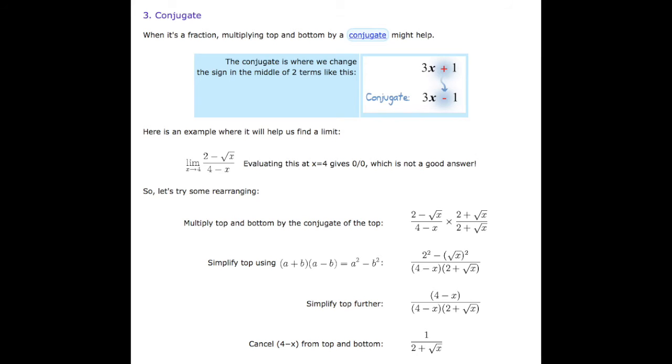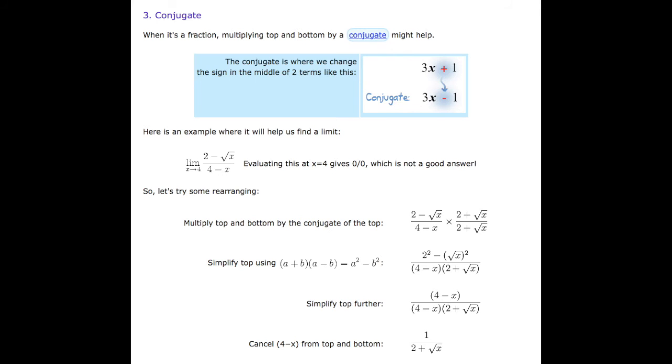We can simplify the top using a plus b times a minus b equals a squared minus b squared. So we can simplify the top further, and we will have 4 minus x over 4 minus x times 2 plus square root of x.